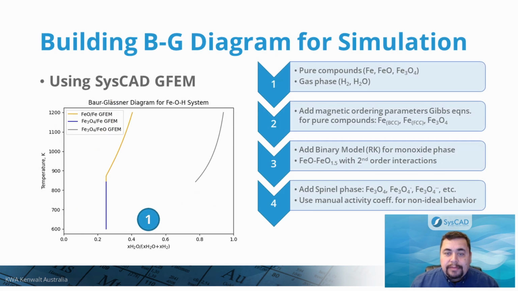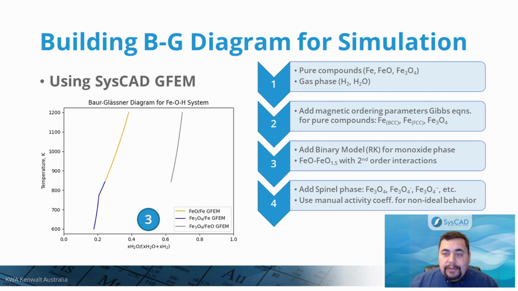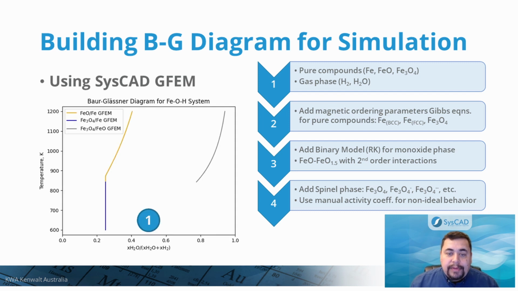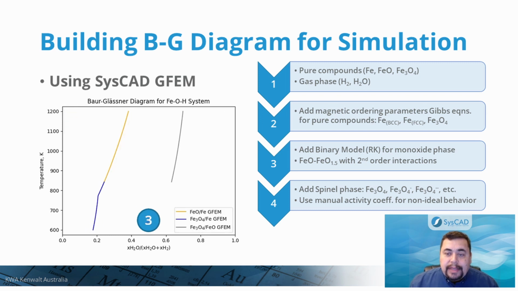In this animation, we show the calculated diagram by first using only pure compounds such as iron, iron oxide, and Fe3O4 or magnetite, using just standard Gibbs energy equations that can be found in the literature.